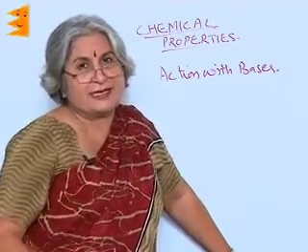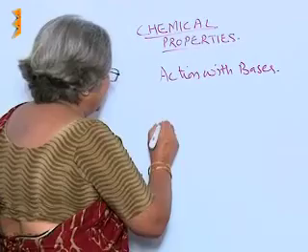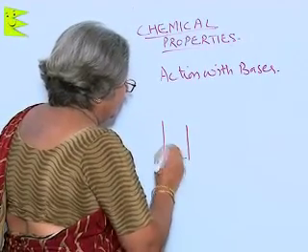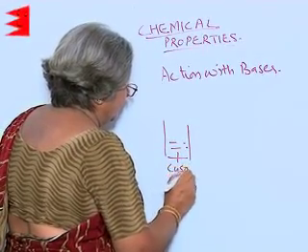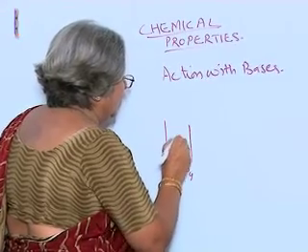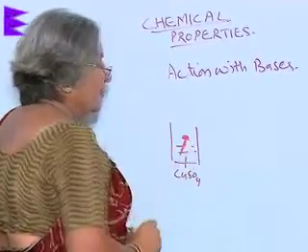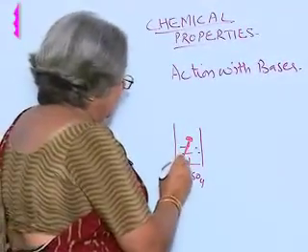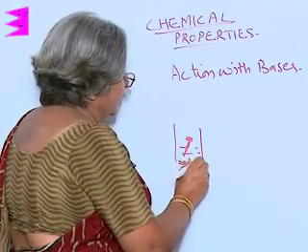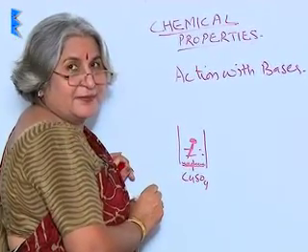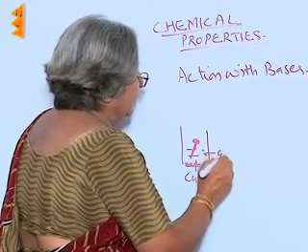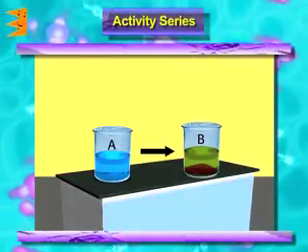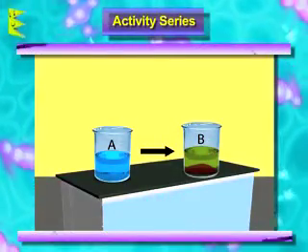Now a very interesting experiment for you. Take a beaker, fill it with copper sulfate. Now put an iron nail in it. What will you find? There will be a red colored deposit at the base, and the solution will turn from blue to green.